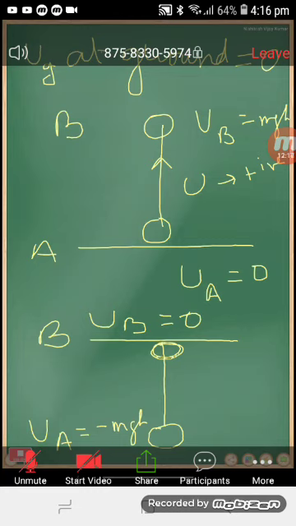If gravitational potential energy is zero at a certain height, then above that height it will be positive, below that height it will be negative. So that is how we have the concept of positive and negative potential energy. Keep in mind, potential energy is a scalar quantity.